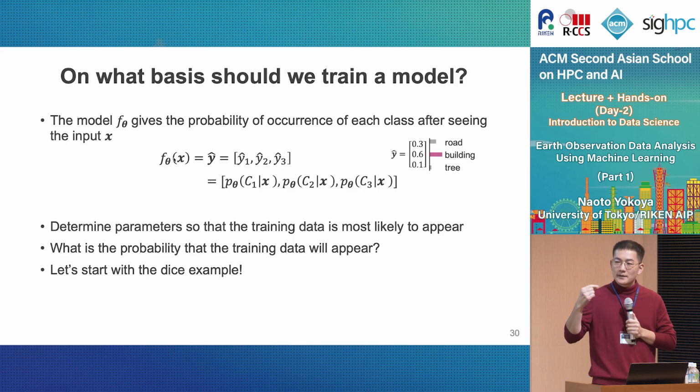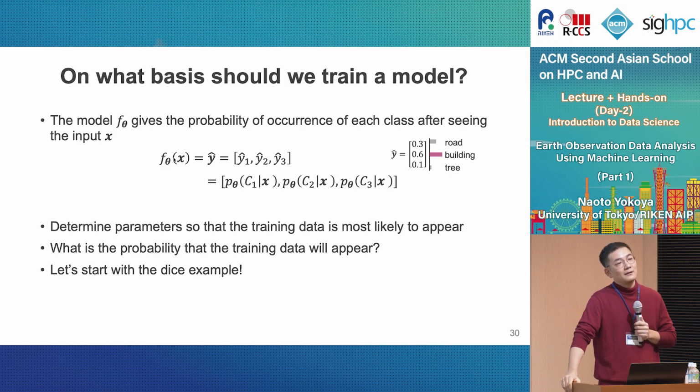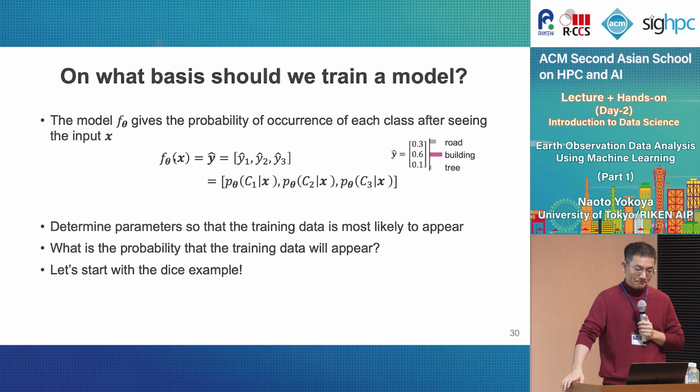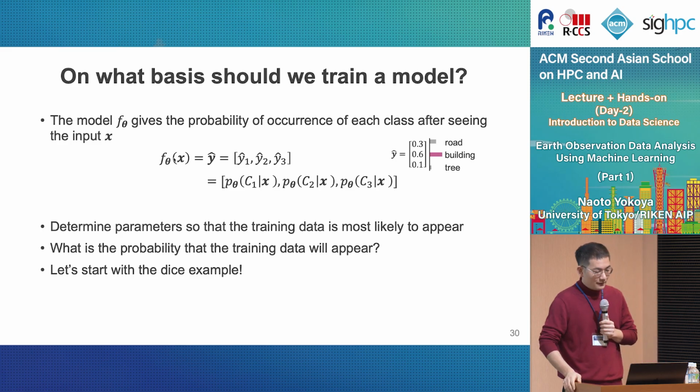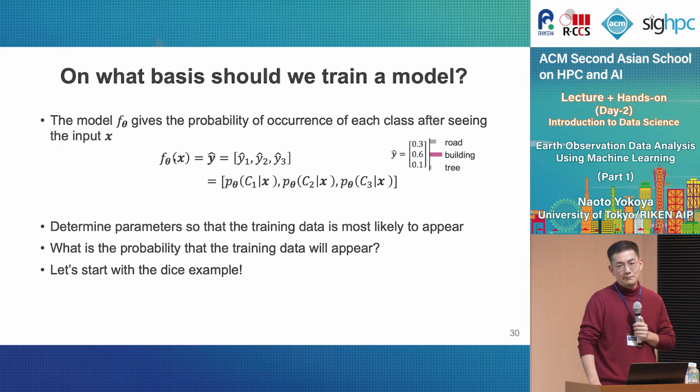Then we want to somehow optimize A and B in the previous slide, so the set of parameters, so that the training data is most likely to appear. And then, which sounds not very much straightforward. What is it, right? But it's often not really straightforward. What is the probability that training data will appear?